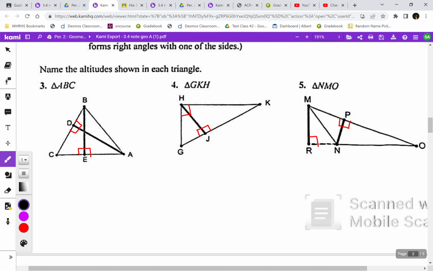Now, everyone look at number 5. If you have an obtuse triangle, an altitude a lot of times identifies the height of the triangle. Your altitude is allowed to fall outside of the triangle. That's perfectly okay. The height, if it's positioned this way, would be to that highest point M, but it wouldn't be MN because that's slanted.